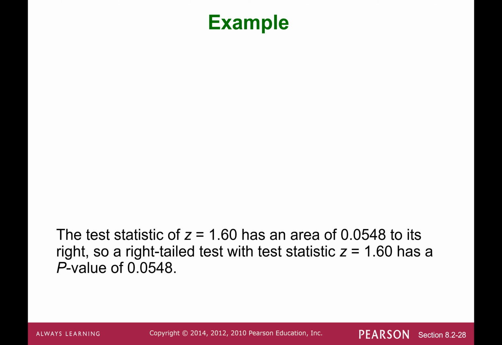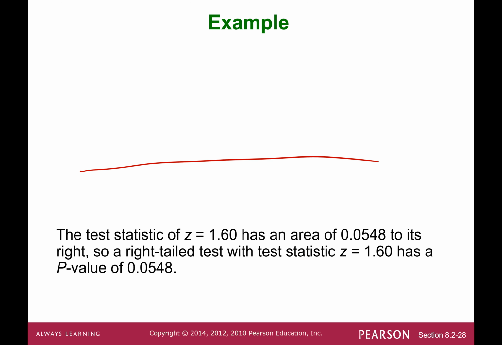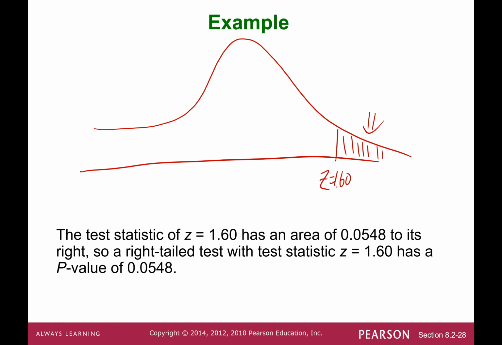Now we know that this is a right tail test because of the alternative hypothesis. That means on the right tail we have the rejection region, the critical region. For z-score equal to 1.60, we can find the area on the left from table A2. The area on the left is 0.9452.